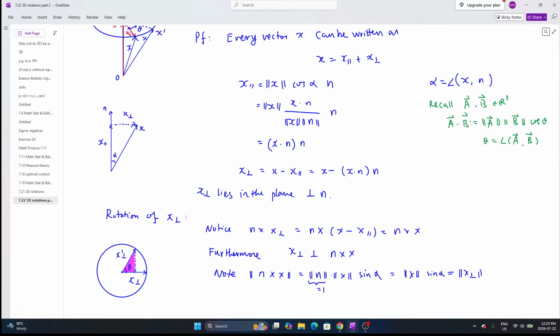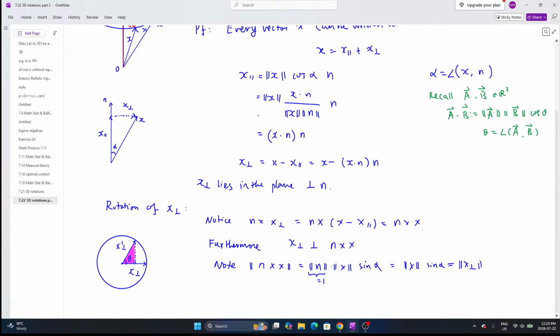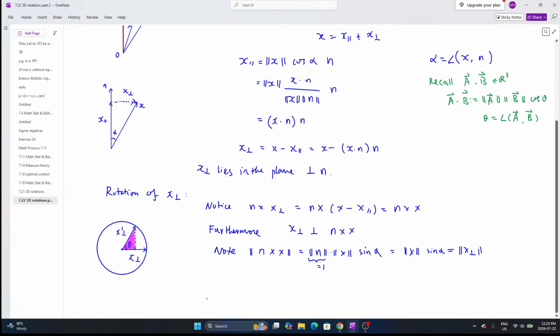All right. So far we can write the rotated version of x perpendicular, which is x perpendicular prime, from this diagram. I need this component.